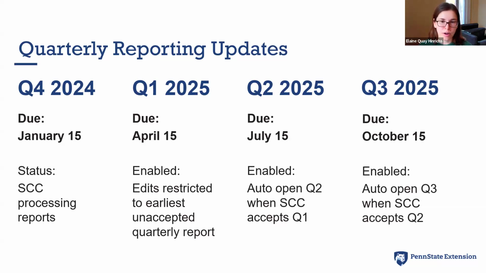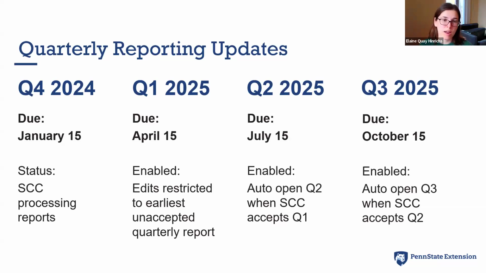The other portion of that update is that now you will only be able to edit a single quarterly report at once. So in chronological time frame, if we have just a couple left that we're getting finished up for Q4 2024, those folks right now will no longer be able to see Q1 2025.